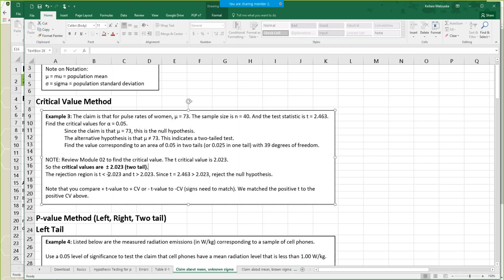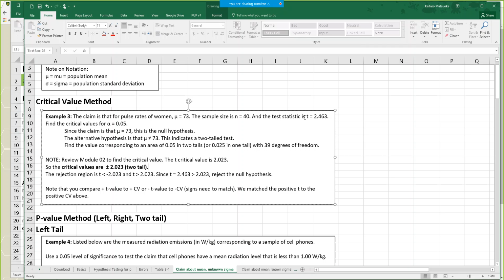Anything outside of that is considered to be the rejection region. So in this case, the rejection region is where t is less than negative 2.023 or greater than 2.023. Depending on the t statistic you calculated, you look at the positive side or negative side.